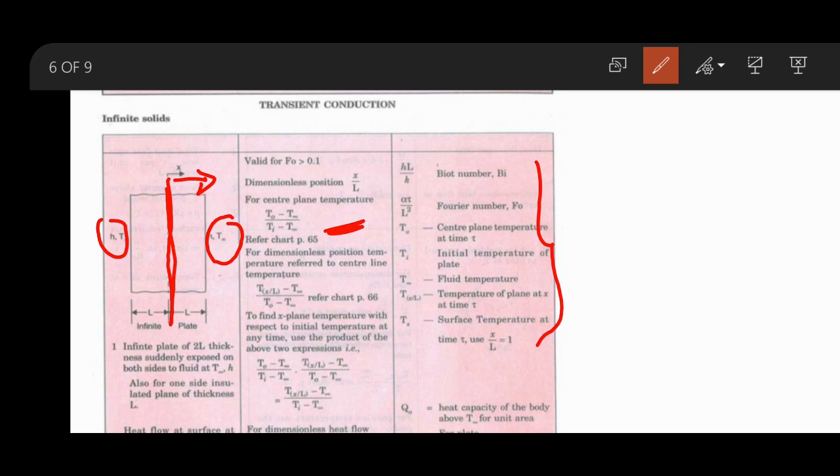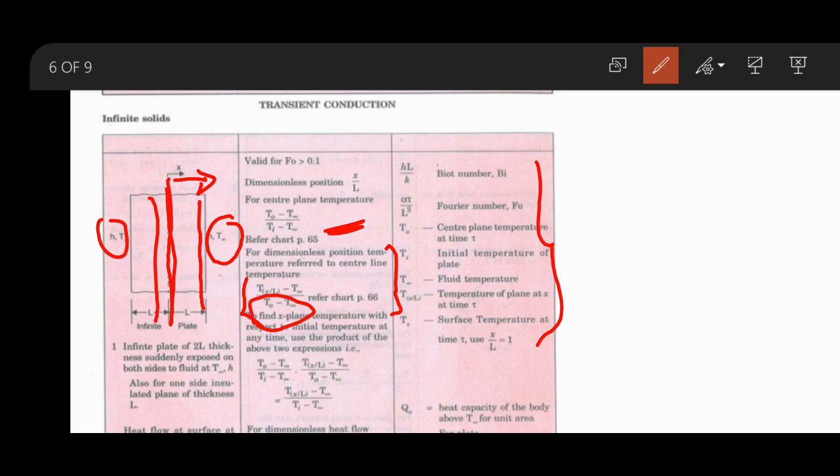To find that, we have a chart on page number 65, which we need to refer to. If you want the temperature at any other position, maybe somewhere here, or very close to the surface, after a certain duration of time, then we need to use this relation: T of x comma L, that is T of x by L minus T infinity divided by T0 minus T infinity. In the denominator we have T0 minus T infinity.